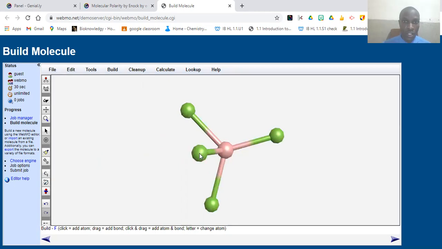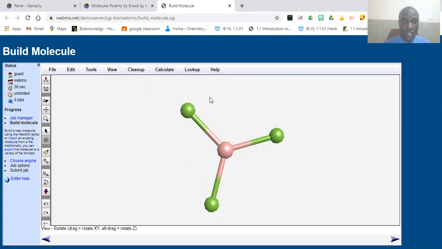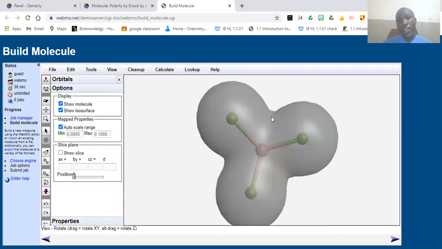So that is the structure. And then when you look at the electron density, in other words, the distribution of electron density is uniform throughout the whole structure, and in that case we say that there is no overall net charge distribution, and this molecule will be non-polar, although the bonds are polar.